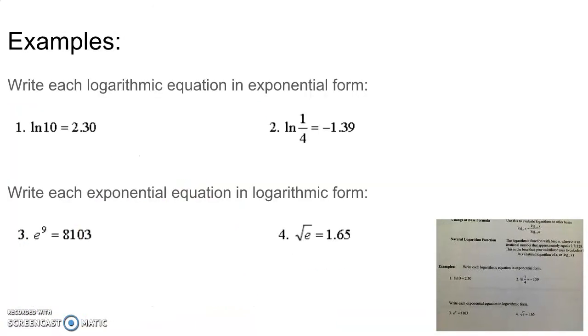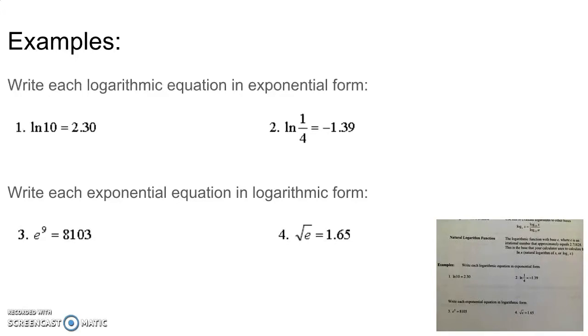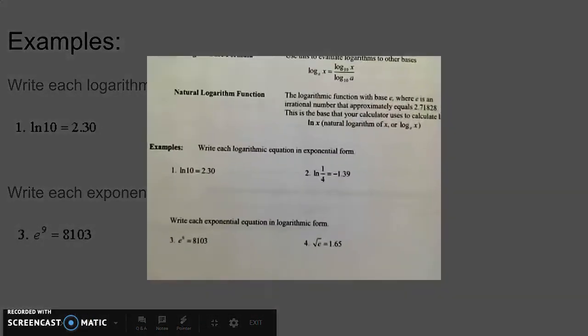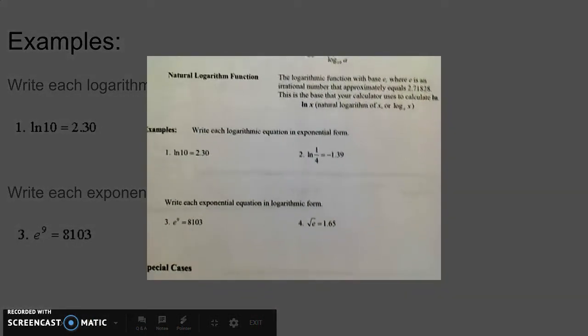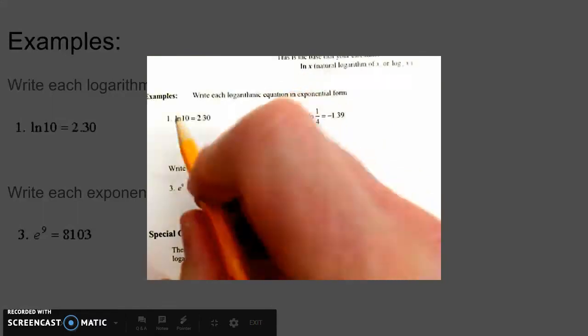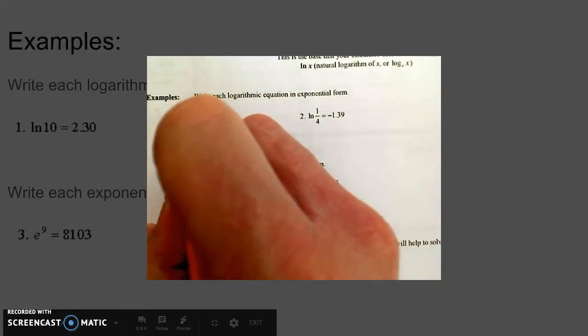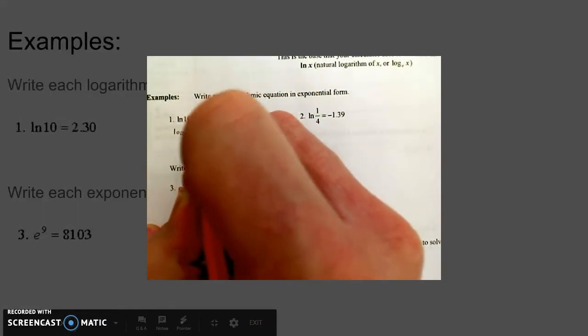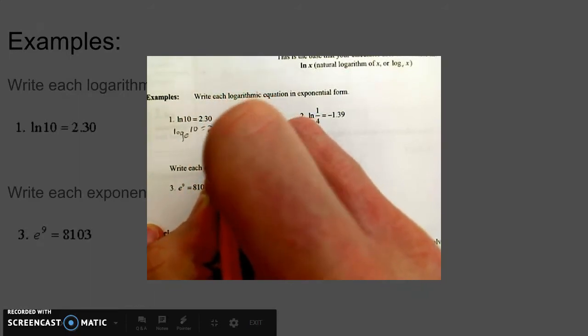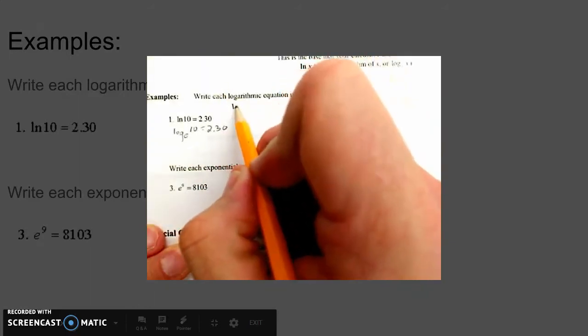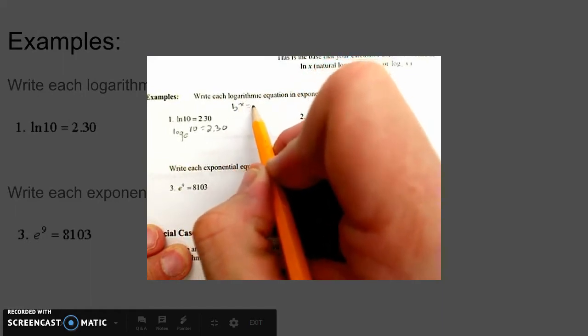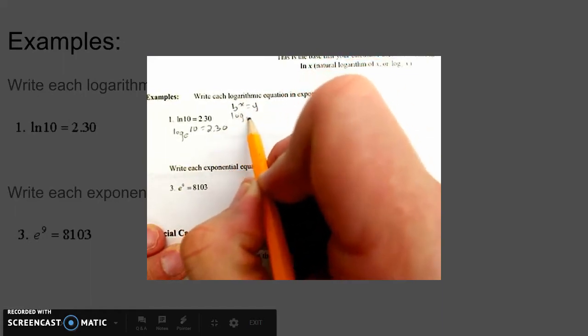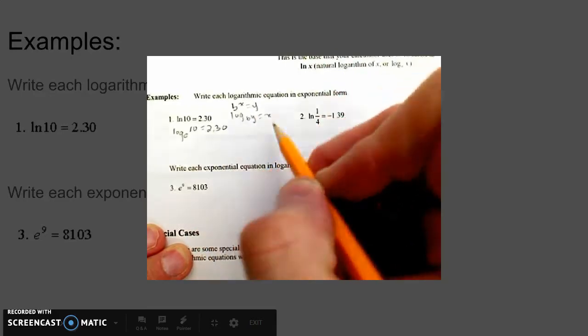So let's look at these examples. We want to take these examples that are natural logs, with base e, and convert them from log to exponential and back. Remembering that ln 10 means log base e of 10 equals 2.3, and reminding ourselves that b to the x equals y, and log base b of y equals x: the log is the exponent.